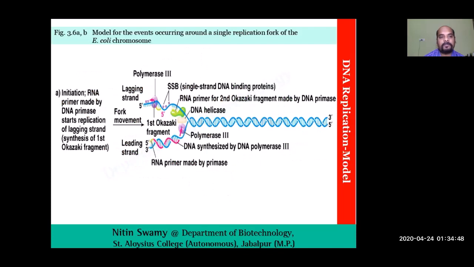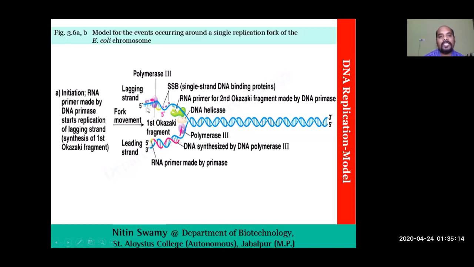This is the model for the events occurring around a single replication fork of the E. coli chromosome. In the first step, we have a replication fork with the lagging strand and leading strand. The fork movement is always in the 5' to 3' direction, due to which the leading strand is continuous in nature, as we can see here.